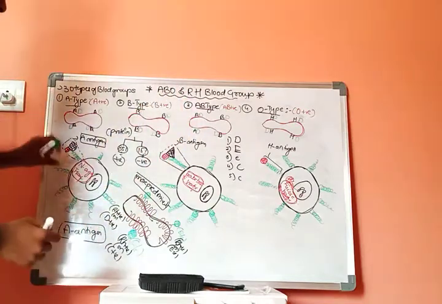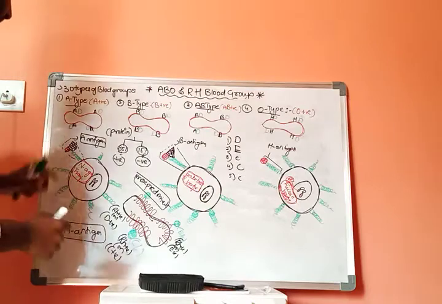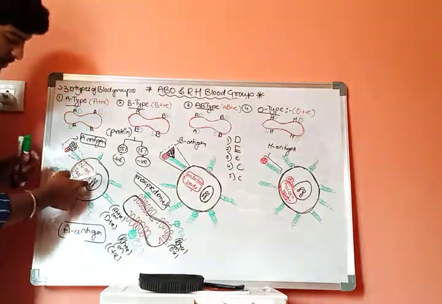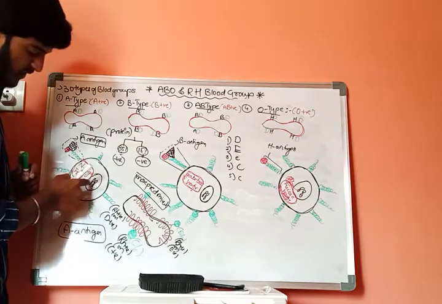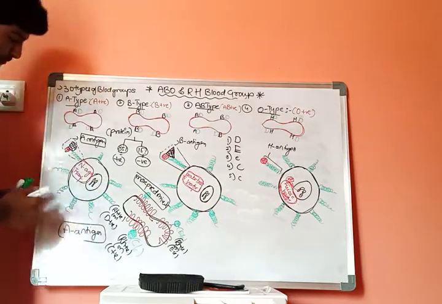When we discuss the genotype of the A type of antigen, as we know there are two chromosomes, one coming from the father and the other from the mother.